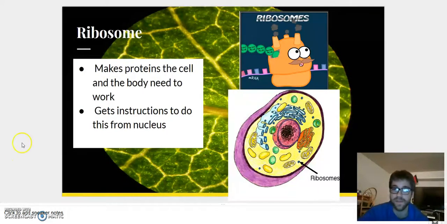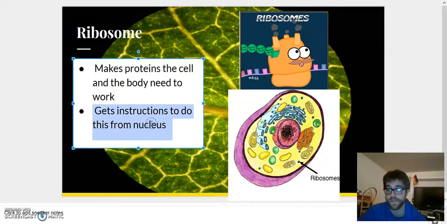Next organelle is the ribosomes. They're the builders. They make protein. They make all the protein the cell needs and a lot of the protein that the body needs. And they get the instructions for how to build the proteins from one place. They get the instructions from the nucleus.